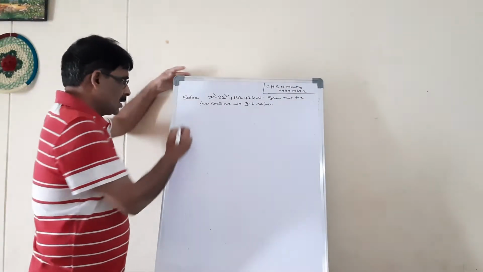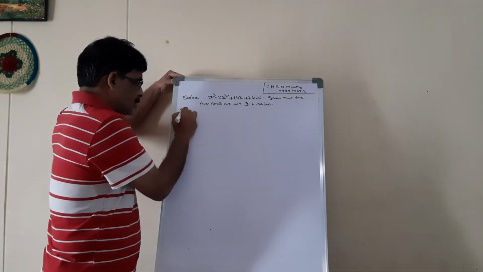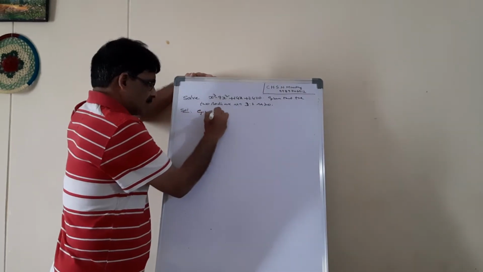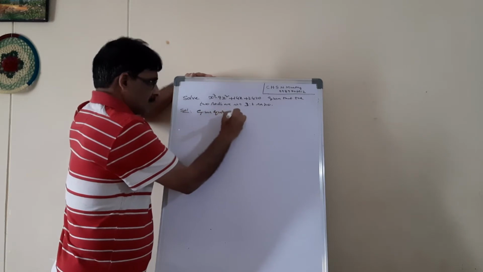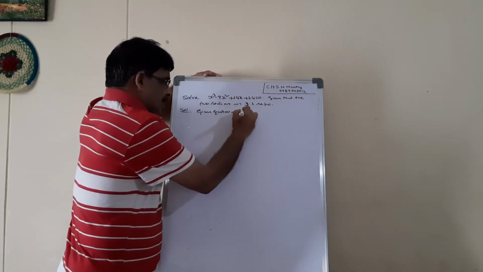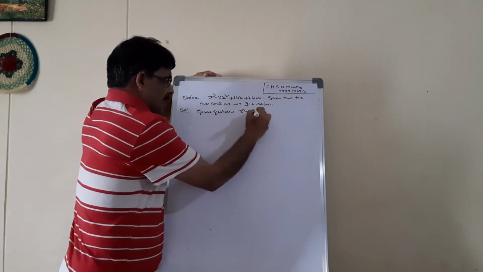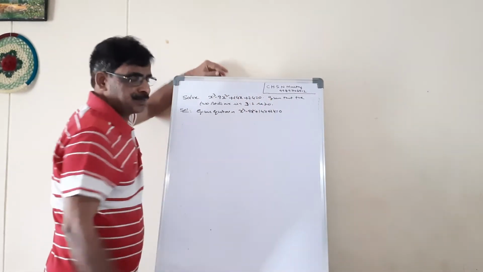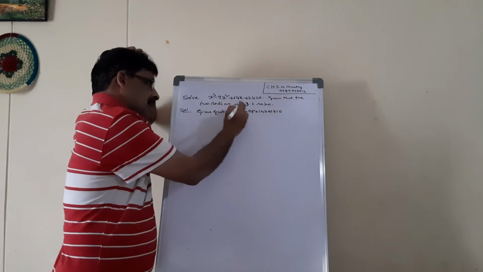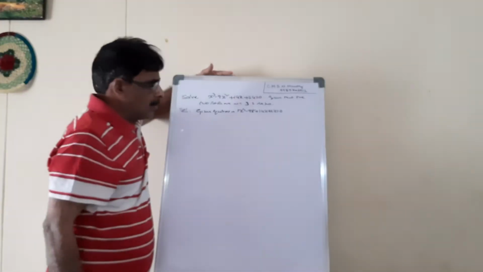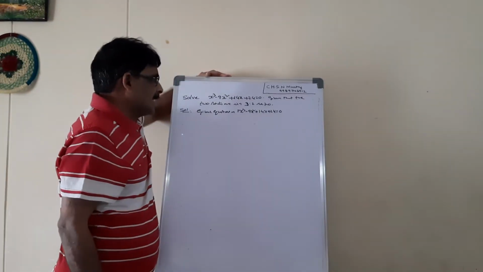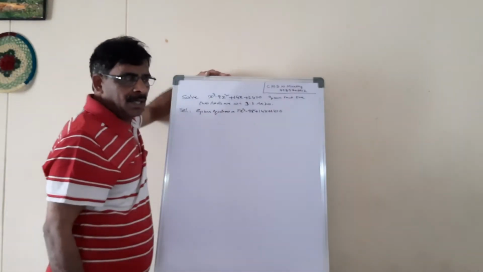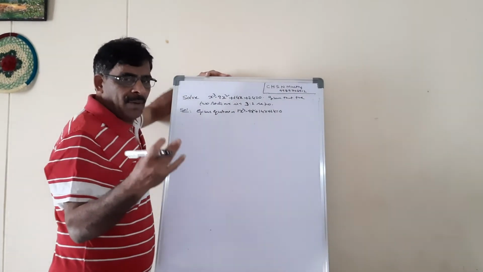Solution. Given equation is x cube minus 9x square plus 14x plus 24 equal to 0. The coefficient of x cube equal to 1, no problem. Next, what is given? This is a third degree equation, so it has three roots: alpha, beta, gamma.